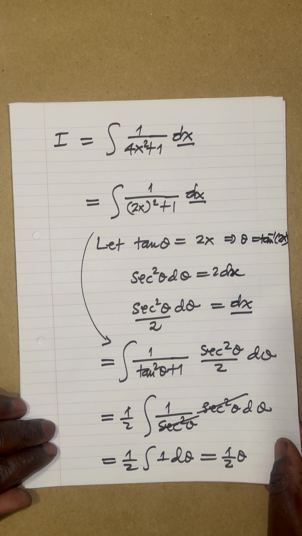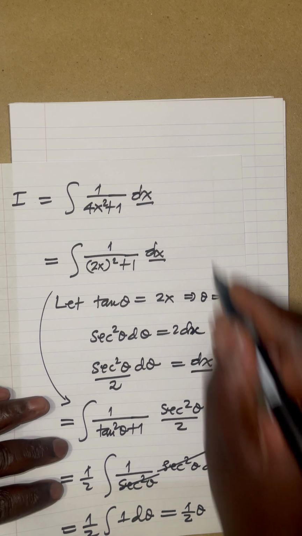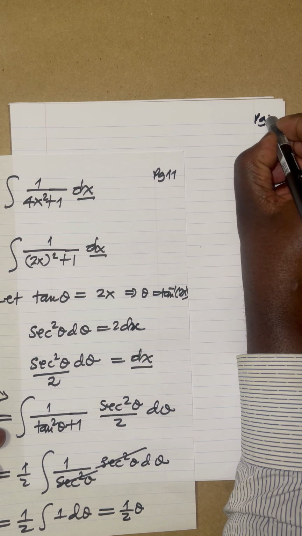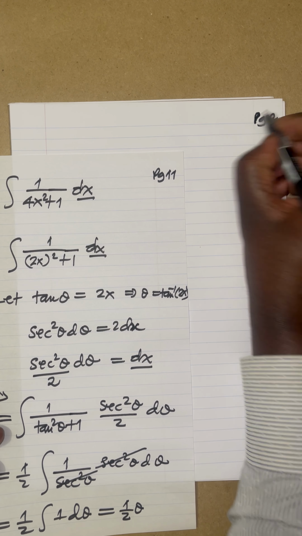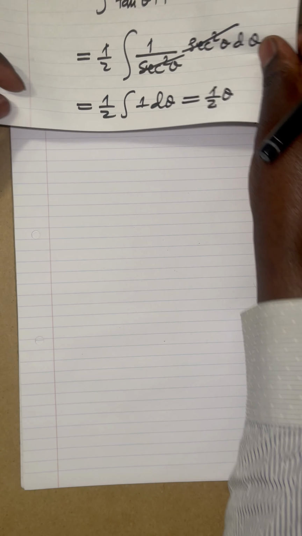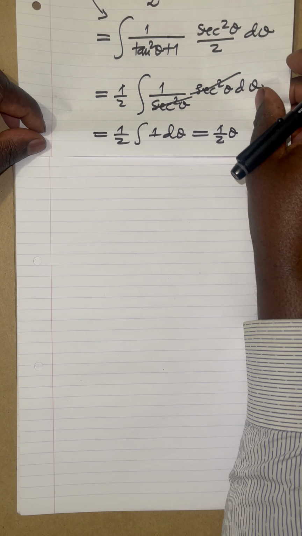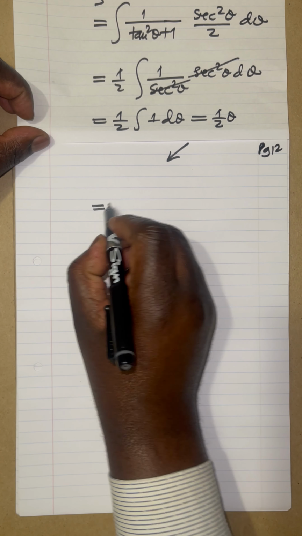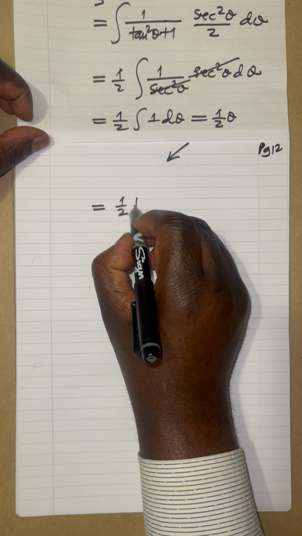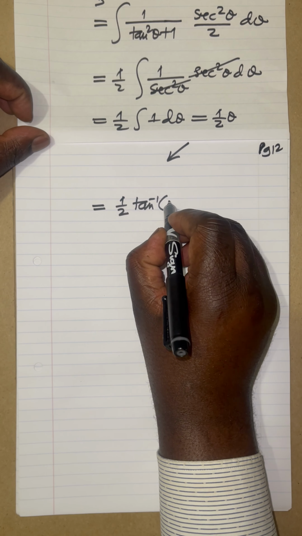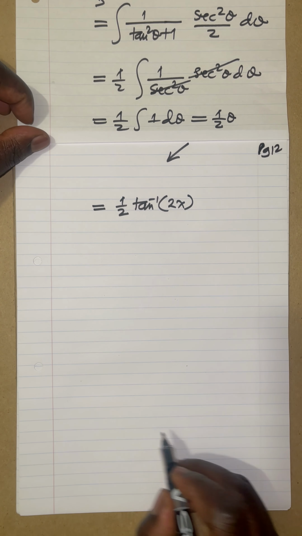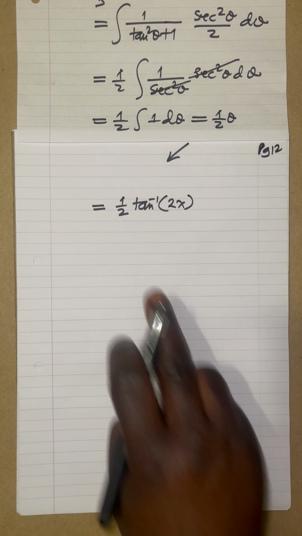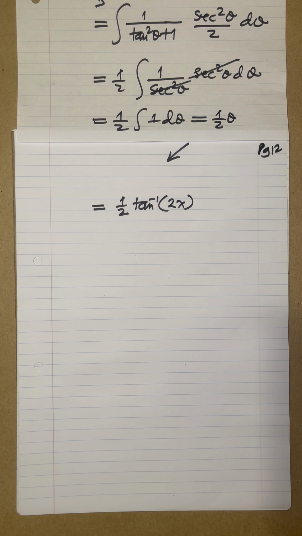So now, taking us to page 12, what we have now is bringing that one down here. We'll say that is equal to half of tan inverse of 2x, and that's our I. There it is, our I, half tan inverse of 2x.